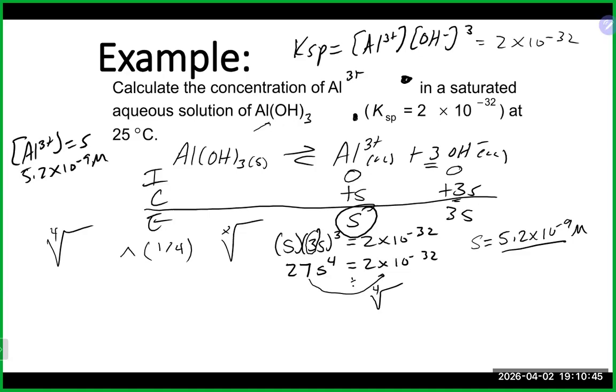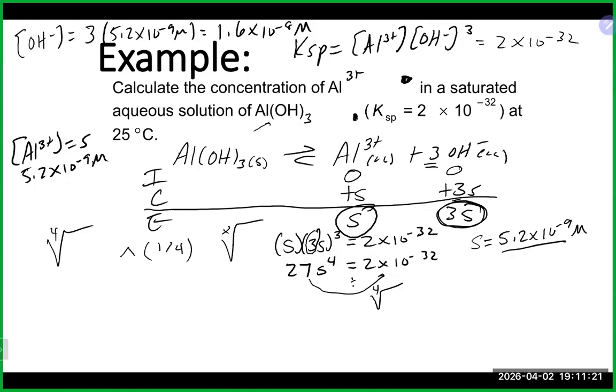Now, it didn't ask in this particular example, but if we wanted the hydroxide concentration, it is not S in this case, it is 3 times S. So it would be 3 times our 5.2 times 10 to the minus 9 molar. We'll call it 1.6 times 10 to the minus 8 molar as our hydroxide concentration.